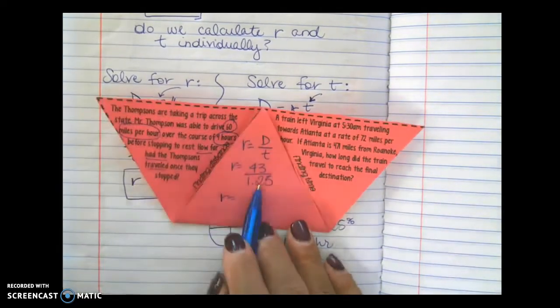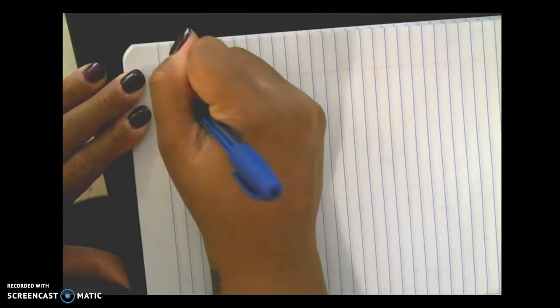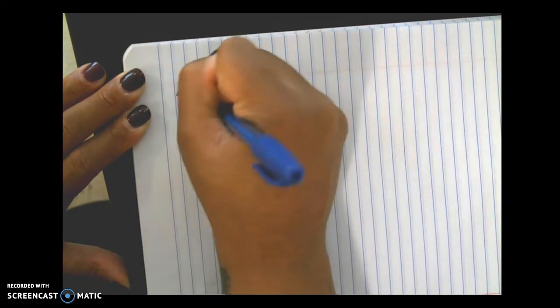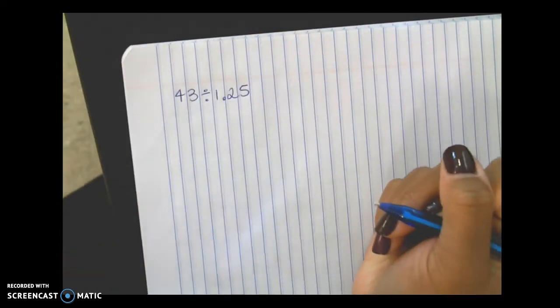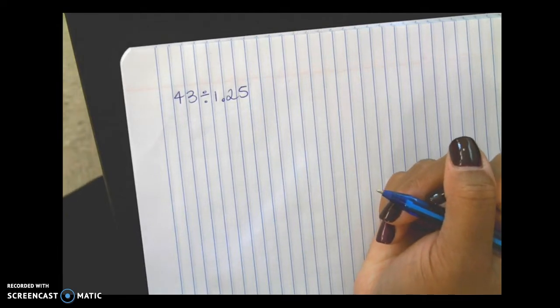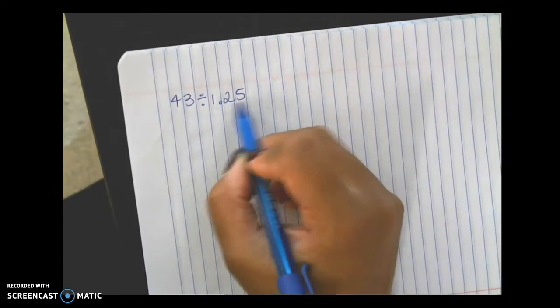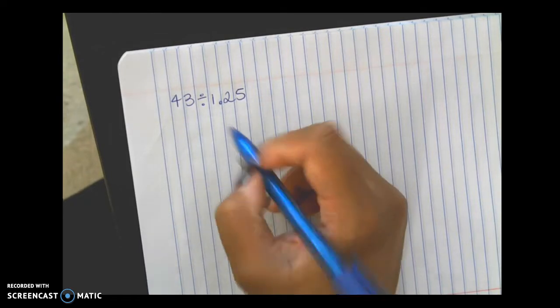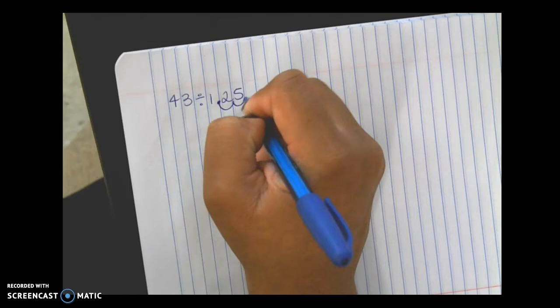You need to divide 43 by 1 1/4. If you need to turn your paper to the side so that you can align your place value, then do so. 43 divided by 1.25. This is a rational number operation. We talked about this back in early September. I cannot divide with my decimal in my divisor, so I have to move my decimal to make this a whole number. 1, 2 times.